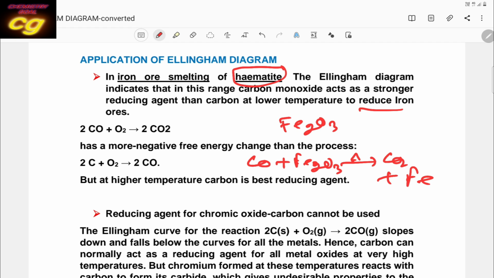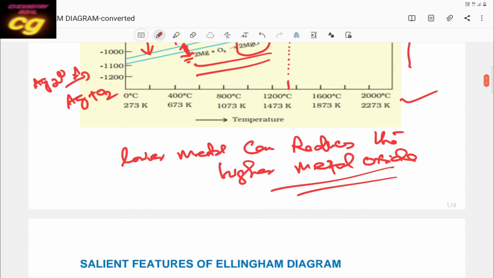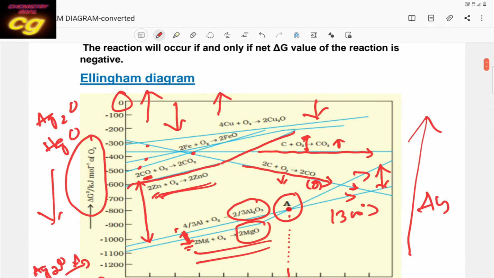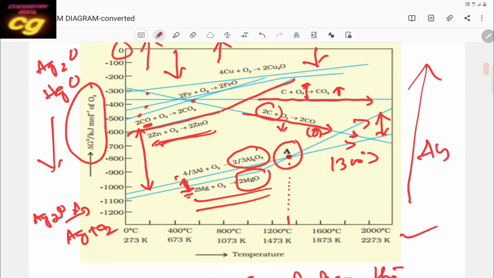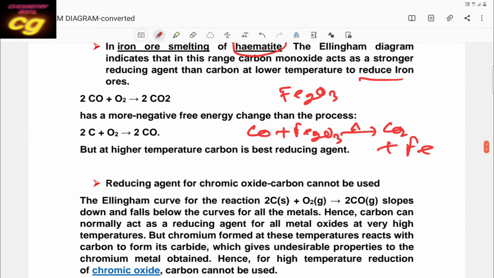This reaction is possible at a lower temperature, but at a higher temperature, it can be studied from the graph. At a higher temperature, the formation of carbon monoxide is coming, which means carbon is the better reducing agent.